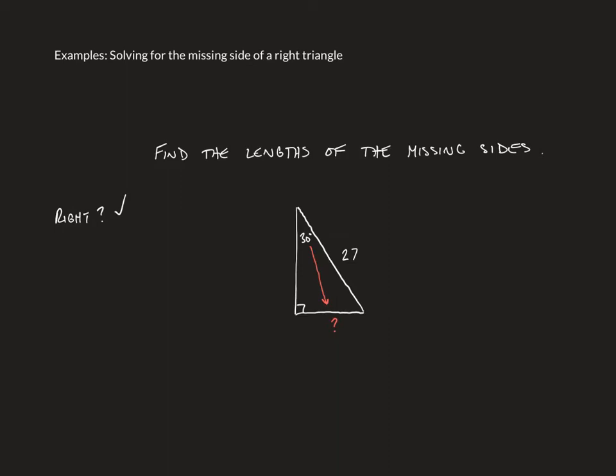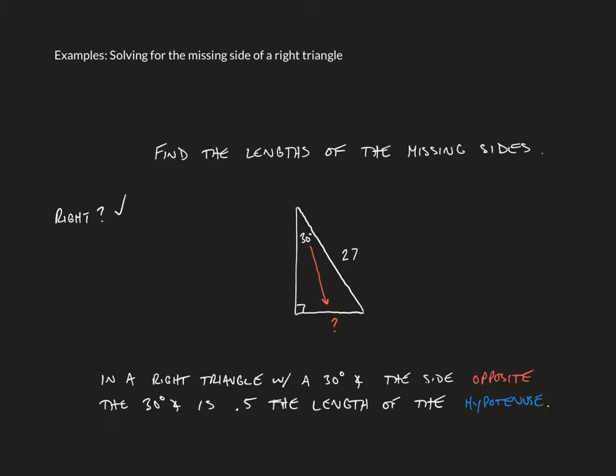Now, in my experience with a right triangle that has a 30-degree angle, I know something. I know that the relationship between an opposite and a hypotenuse side of a right triangle has a specific value. And that value is 1/2. So since I know this from the previous video, I can apply that here because what I'm trying to do is say, well, I have a side that I don't know, and we'll just say that that's x, that's the opposite side, and I'm going to compare that side to the hypotenuse.